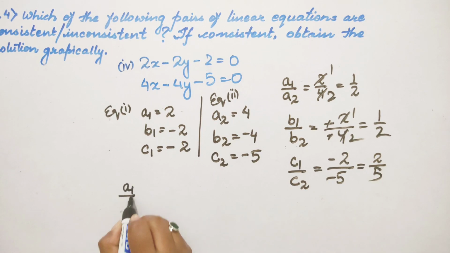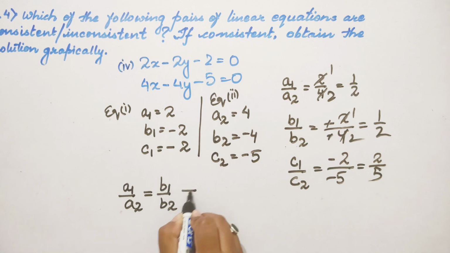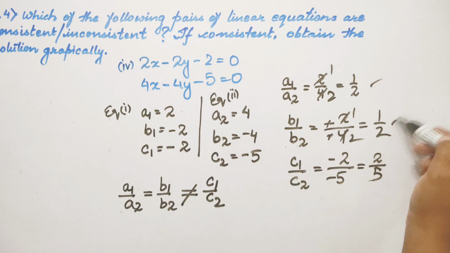That means a1 by a2 is equals to b1 by b2, which is not equals to c1 by c2.